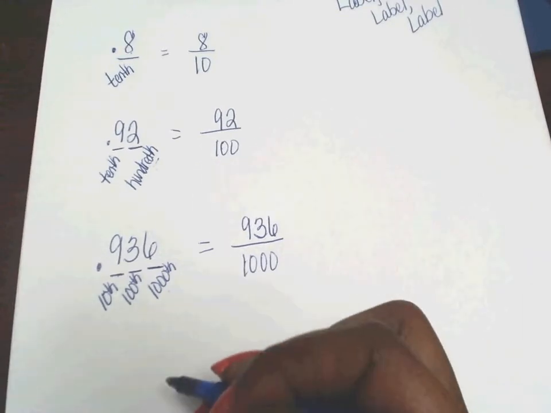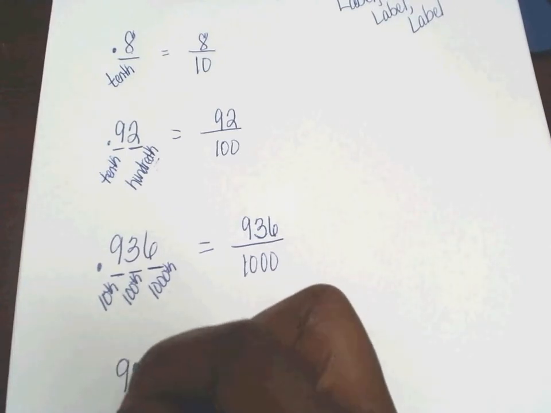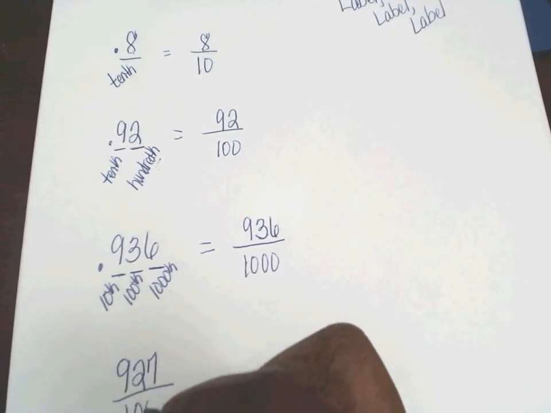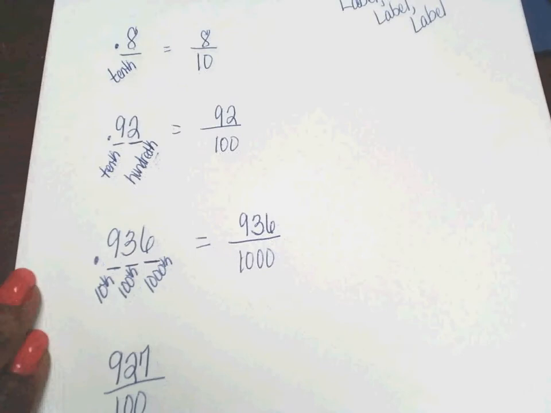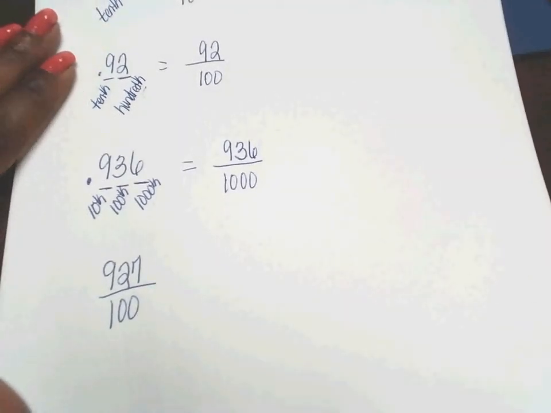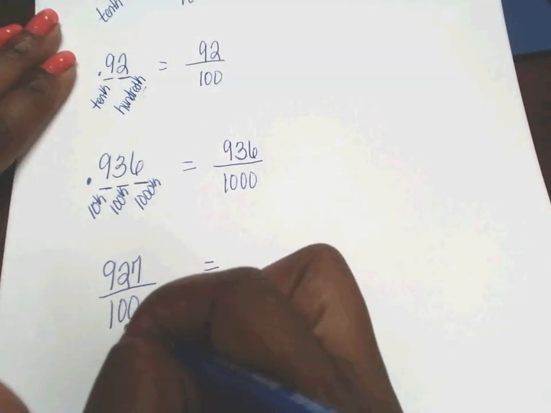Let's try one other. Let's try a tricky one. 927/100ths. Now this looks a little bit different. So again, we're going to underline.